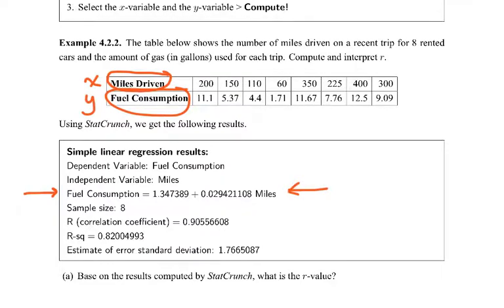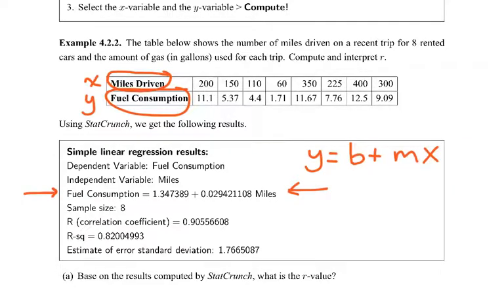So fuel consumption equals this 1.347 number plus 0.0294 times the miles. And so this is essentially in the format of the equation of a line. If you remember from algebra, the slope-intercept form of a line, you would write it this way. You probably wrote mx plus b instead of b plus mx, but it's in that format.